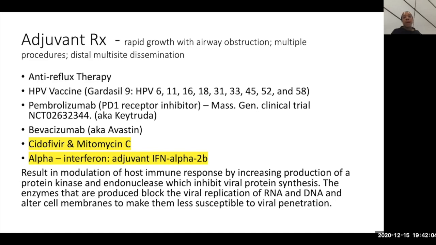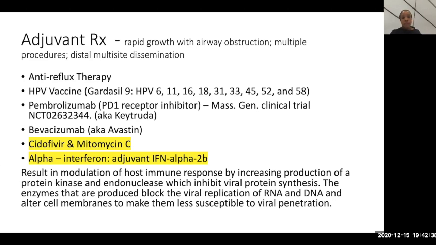And pembrolizumab is another one where there's a big study going on, being run out of Mass Gen in Boston, a clinical trial looking at pembrolizumab in patients who have RRP, and their N number is about 22 patients, and they should be rounding up the study in another year or two. And bevacizumab is intralesional, but pembrolizumab is given IV. So slightly different, but they're both checkpoint inhibitors.